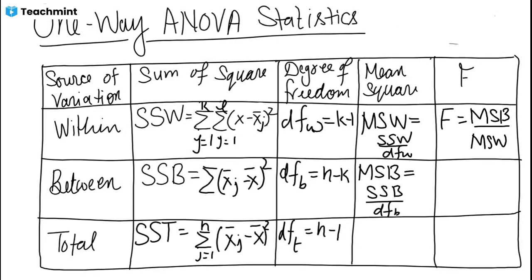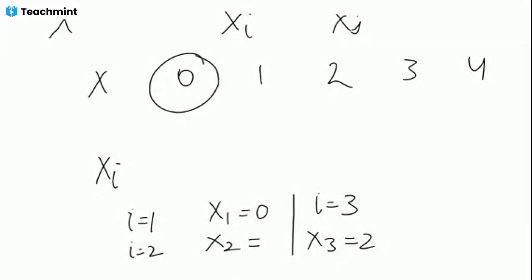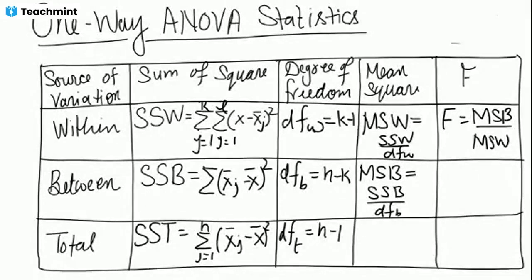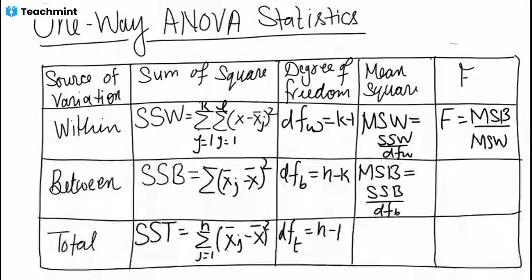Or what we can do instead of this F, alternatively, means we need to find all these terms for this one-way ANOVA test.